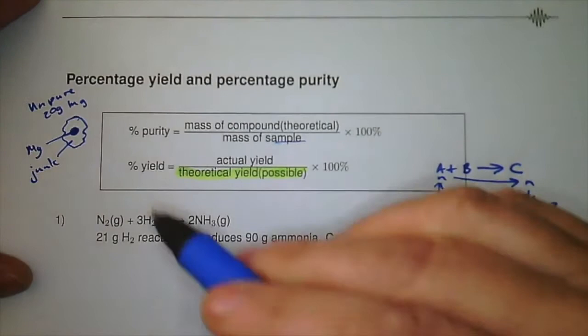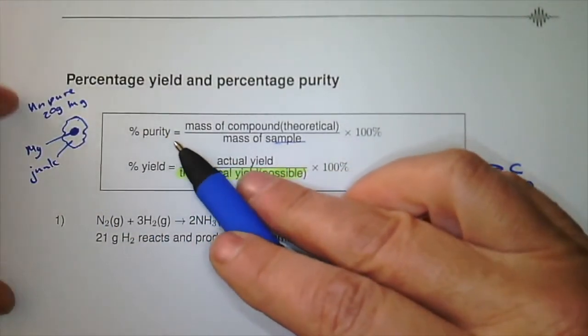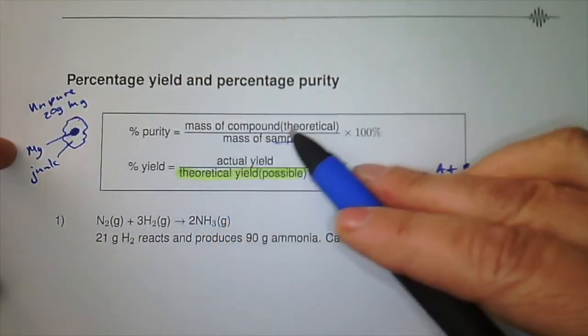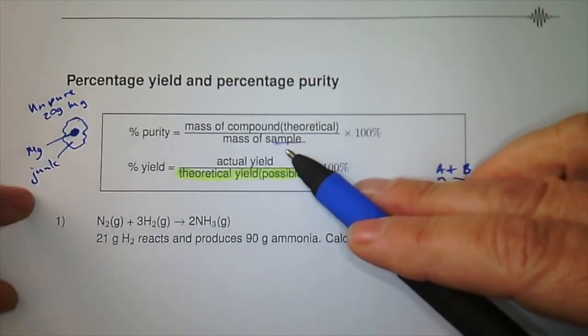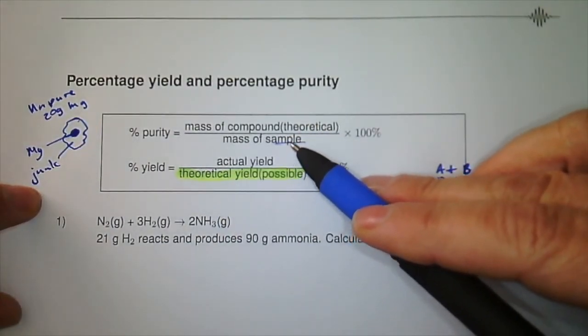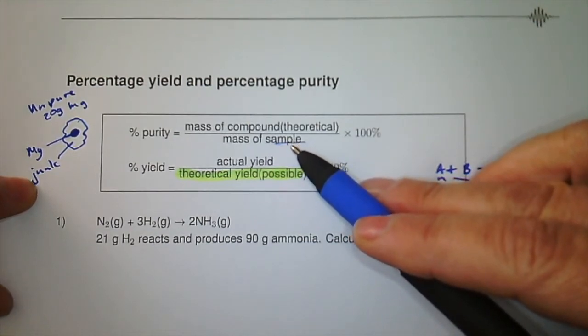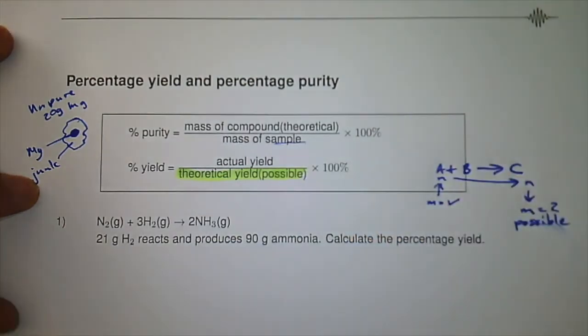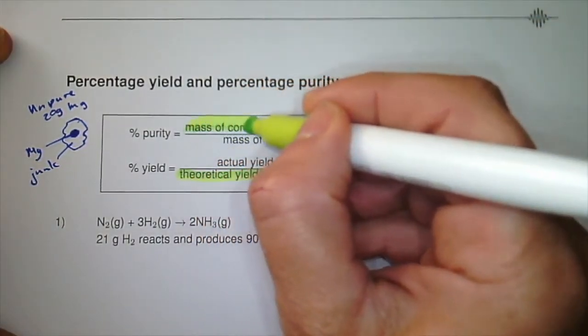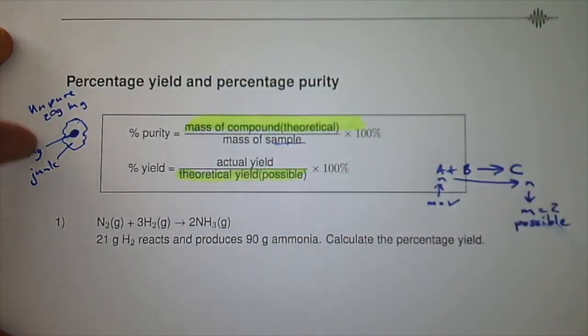So you now want to know the percentage purity. So you have to know what is the real magnesium in the whole thing and what is possible. The whole sample is possible, right? The whole sample could have been pure. So that's why that one is at the bottom. And here you will have to do a calculation to determine the real magnesium.